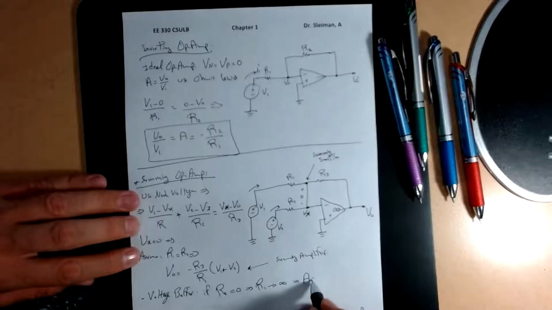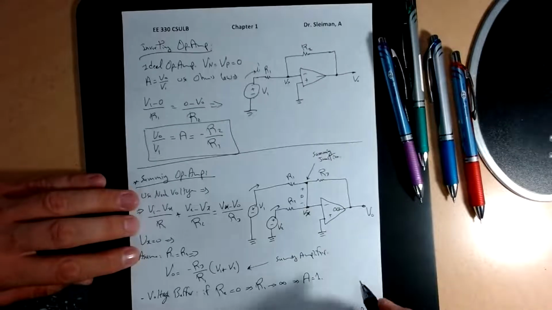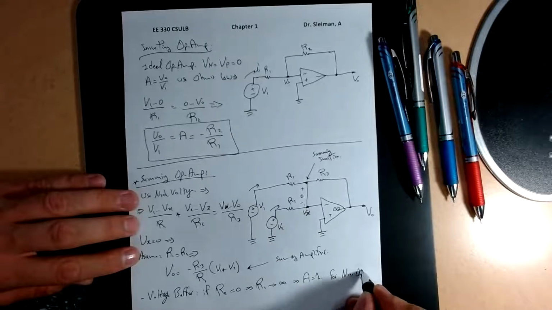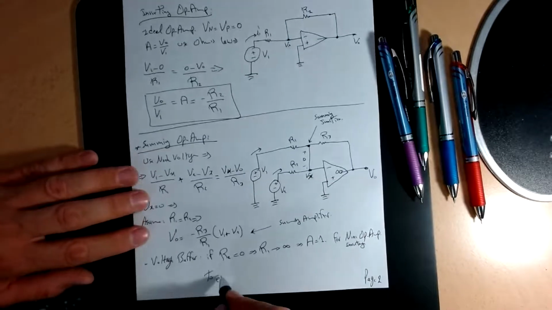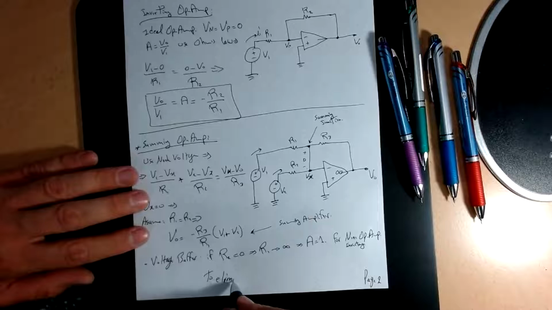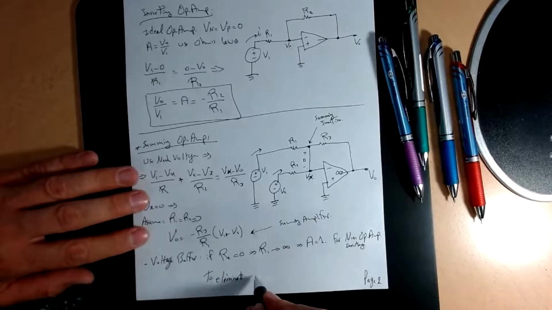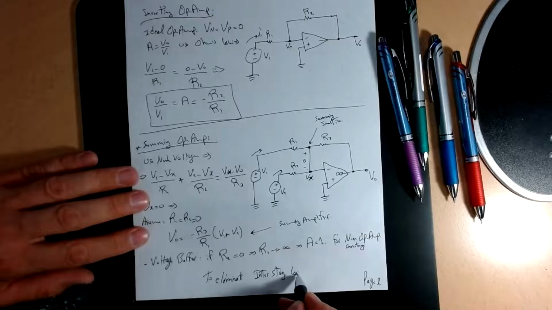That means the gain is 1 for the non-inverting amplifier. And why do we do this? To eliminate inner stage loading.